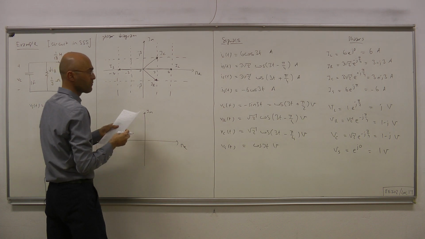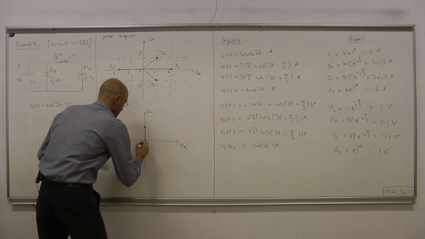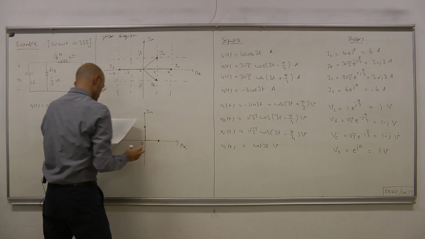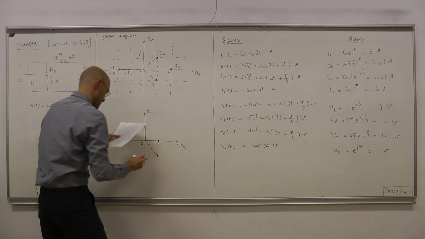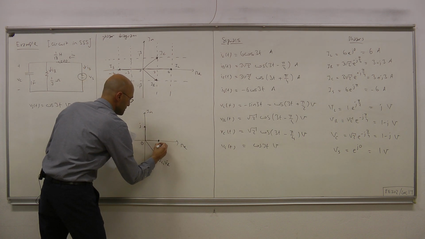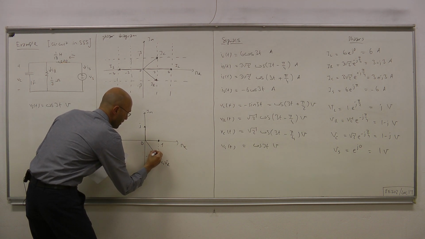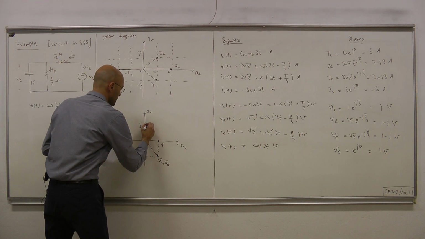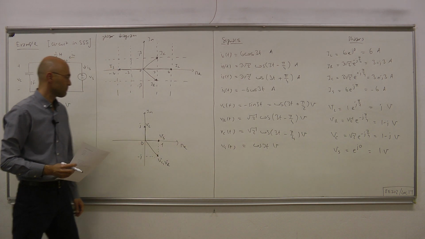We have VL, we have VS, and here we have VC and VR. So this is j, this is 1, this is minus j. Okay, so VL, VS, and here we have VC, VR.